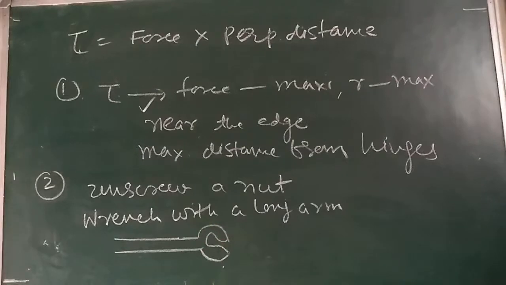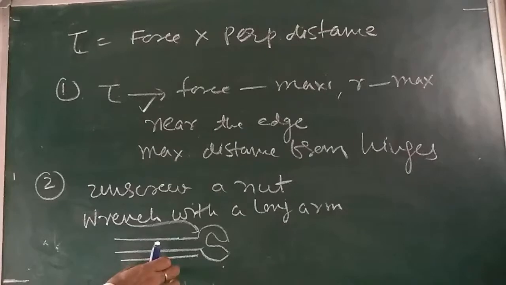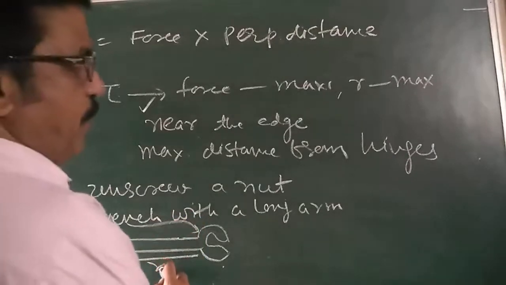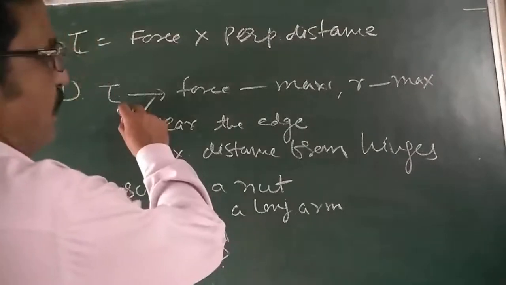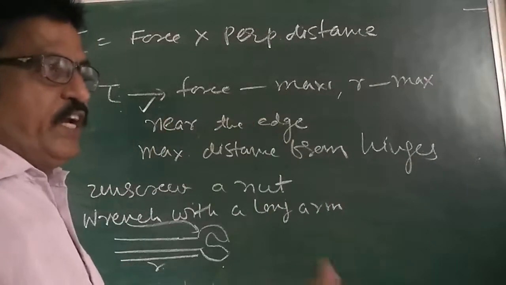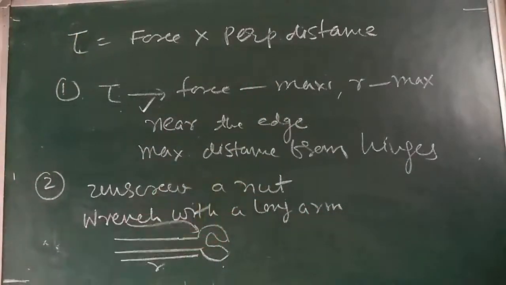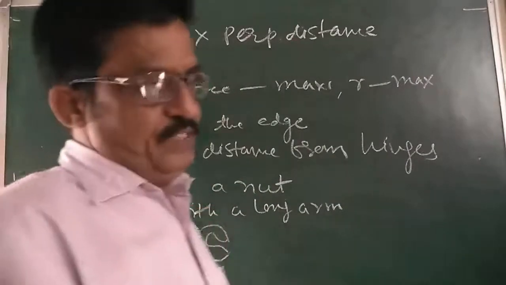It's a long arm. When the length of the arm R is long, the force required to produce a given turning effect is smaller. That is why a screwdriver or wrench has a longer arm to unscrew a nut which is tightly bolted. Is that clear? These are the examples in our daily life.